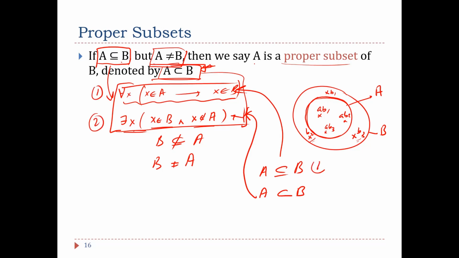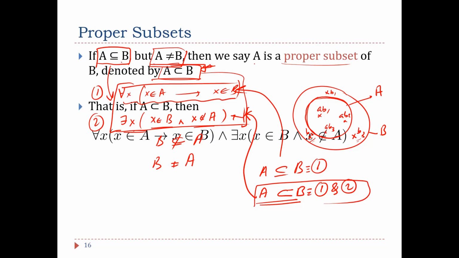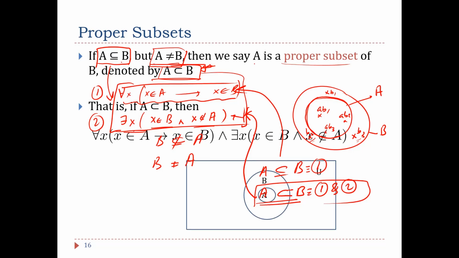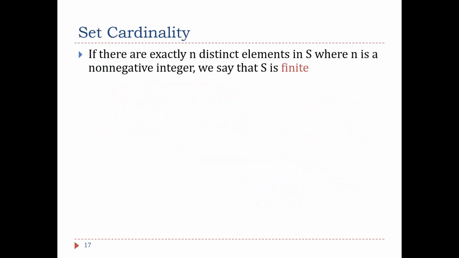Formula one is sufficient to say the subset. But to show that A is a proper subset of B, you need both one and two. So you have more information about A and B now to be able to say that A is a proper subset of B. Good. I think the remaining are simply details and a diagram as I did.